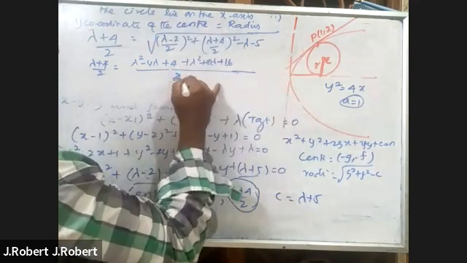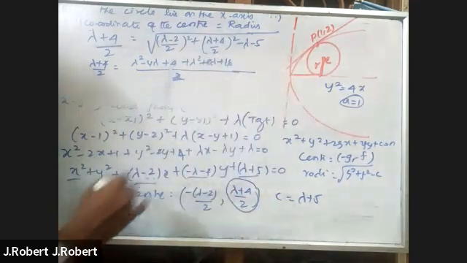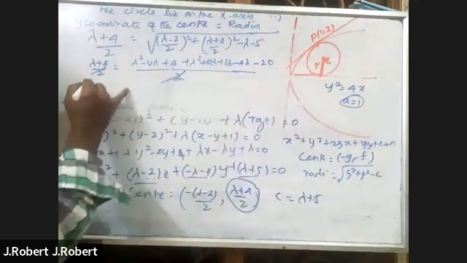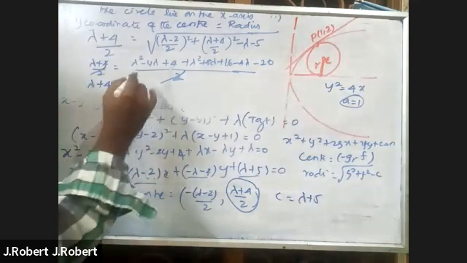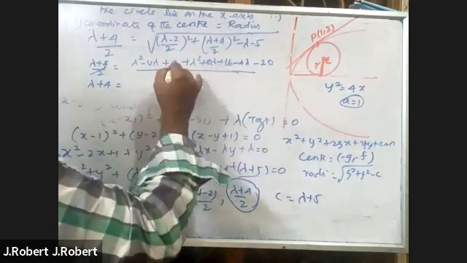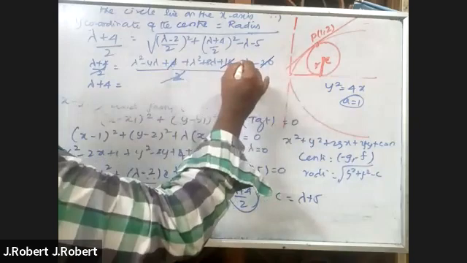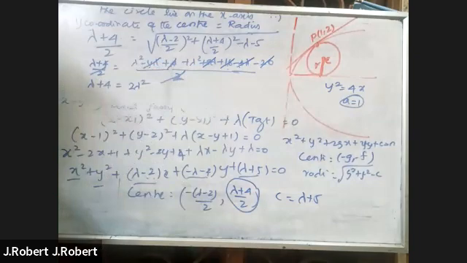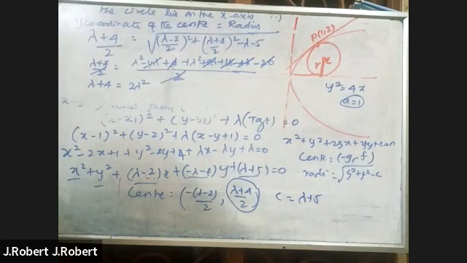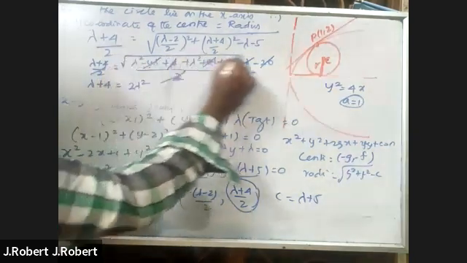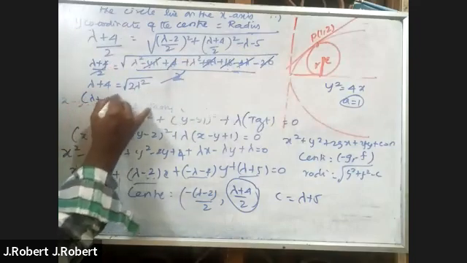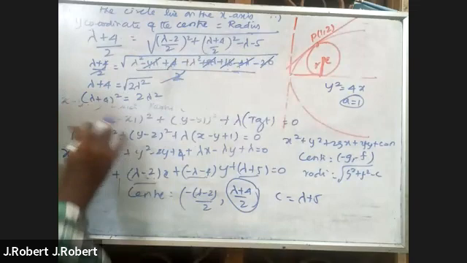We have to multiply by 4, we can't leave it as it is, because of the 4 inside. So 4 minus 4 lambda minus 4 times 5 is 20. The 4 cancels. Lambda plus 4 is equal to minus plus 16 plus 4 is 20. Minus 4 minus 8 lambda plus 8 lambda gives 2 lambda square. Taking the square root, squaring on this, we get lambda plus 4 the whole square equals 2 lambda square.